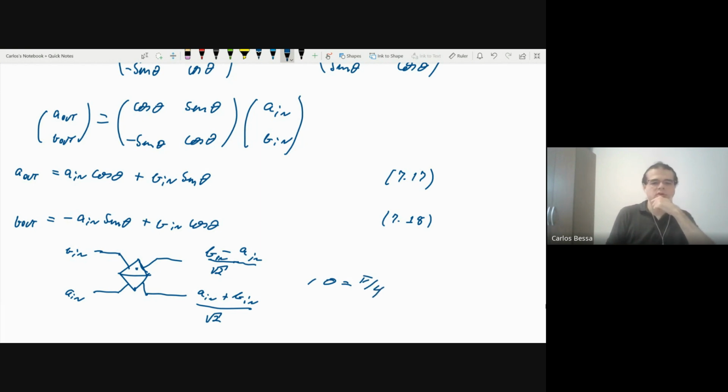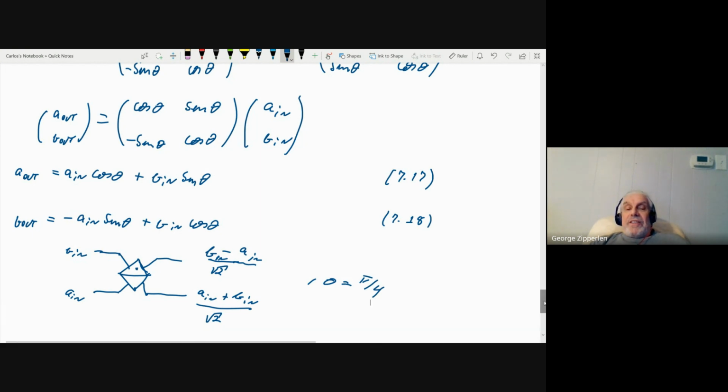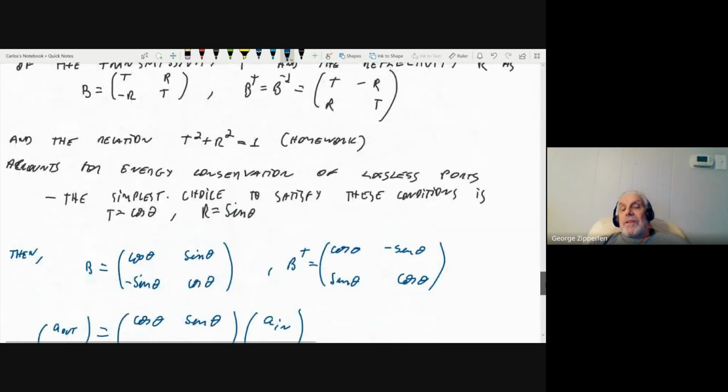Okay. And then there's a question in the chat. Constantine asks, can it be done in reverse, with lowercase t equal to sine theta and capital R equal to cosine theta? Yeah, it could.